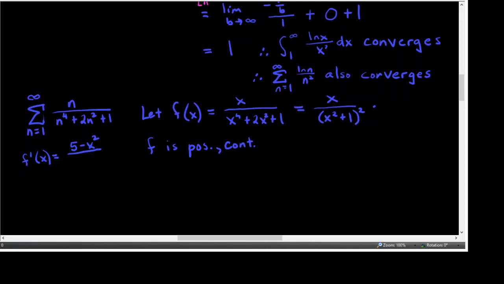Oh, rats. Sorry. That was a different problem that I wanted to do that with. My apologies. I was looking at the wrong one for a second. So we're just going to wave our hands this time. Let's just say it's decreasing on the interval 1 to infinity.